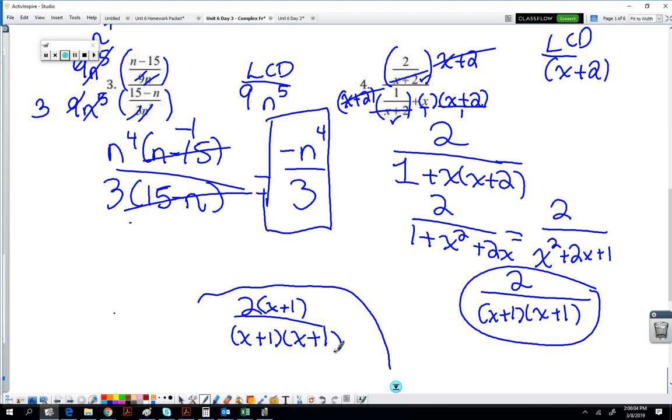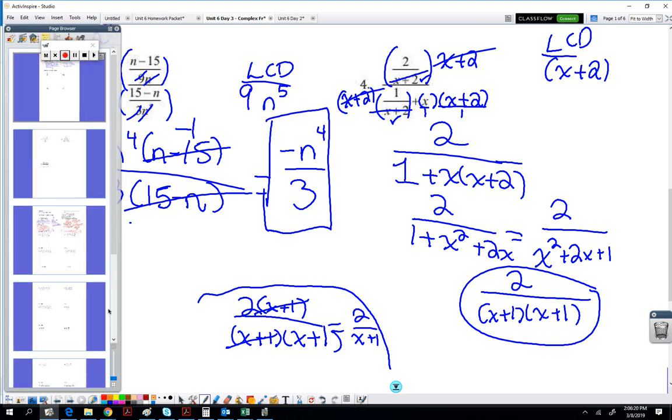What do you notice? You could cancel out the x plus 1. So that's the reason why: if you don't have it factored, you can't see what you can get rid of and what you can cancel out. So that's why it's very important to always ask, can I take it down even more?